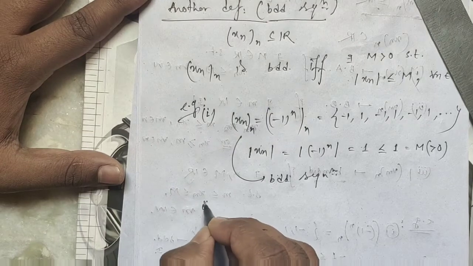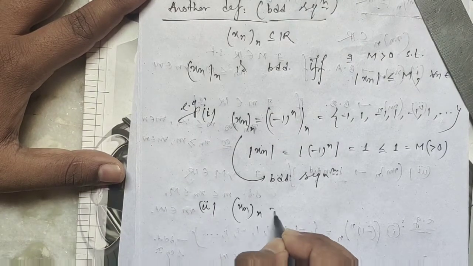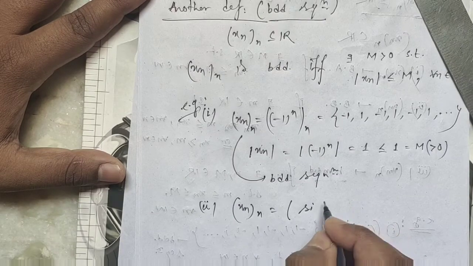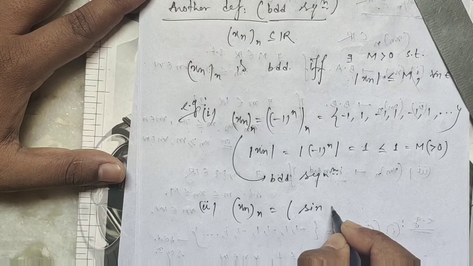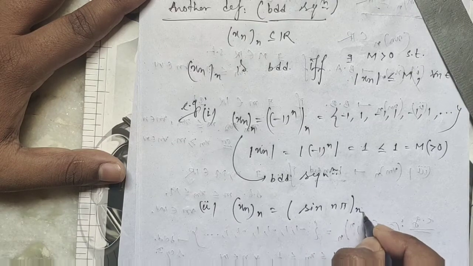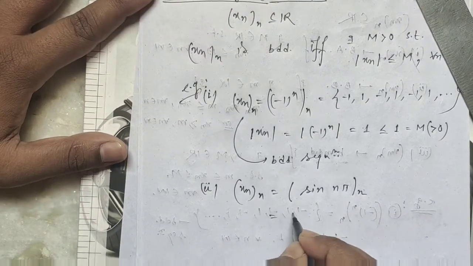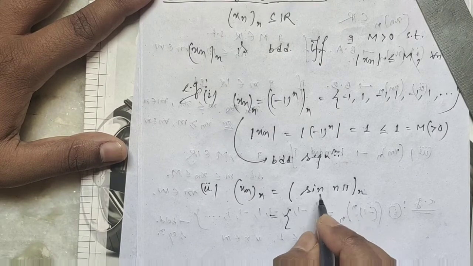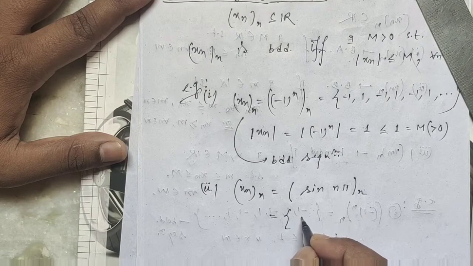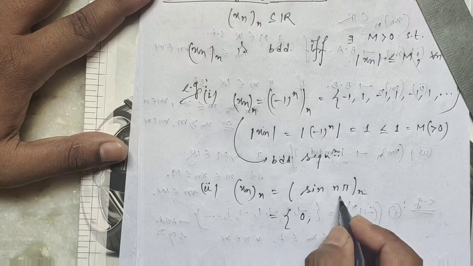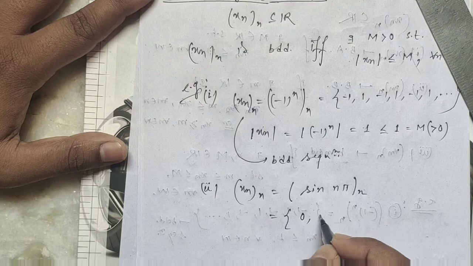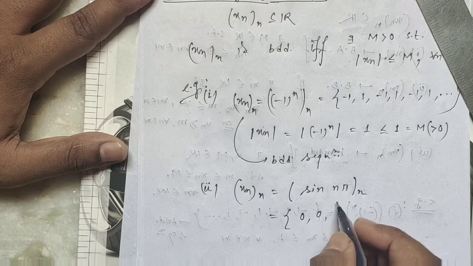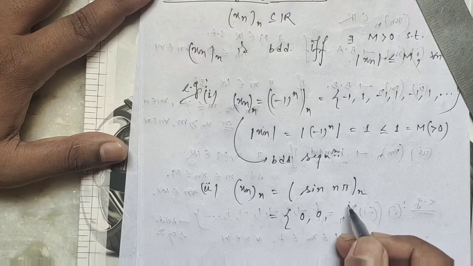Similarly, if we take the sequence xn such that xn equal to sine n pi, then this is the sequence sine pi, 0, sine 2 pi, 0, sine 3 pi.